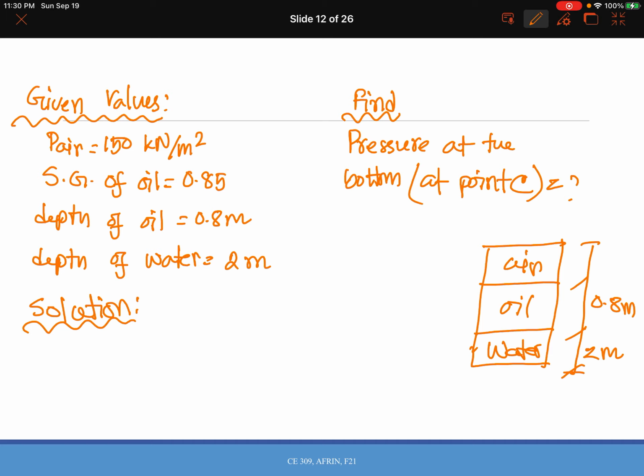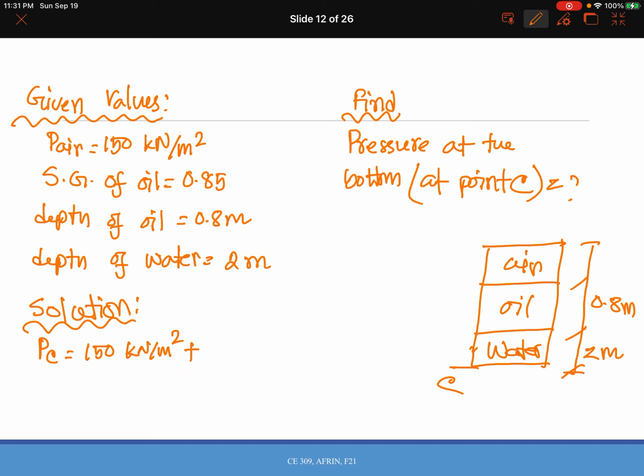So here, since we are trying to calculate the pressure at point C, so PC will be, obviously, we just discussed few minutes ago, the pressure due to air, oil, and water. So the air pressure is already given, which is 150 kilonewton per meter square.